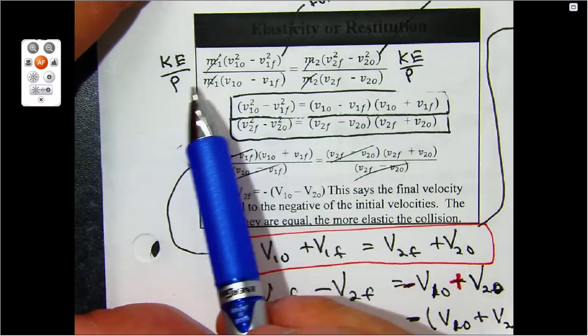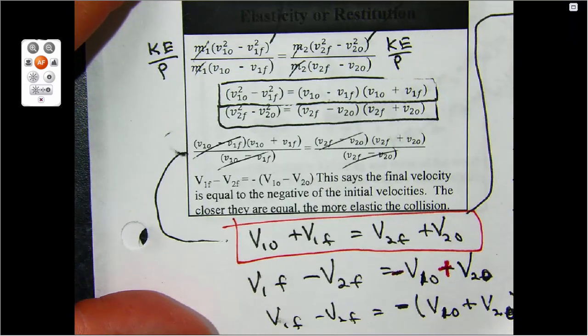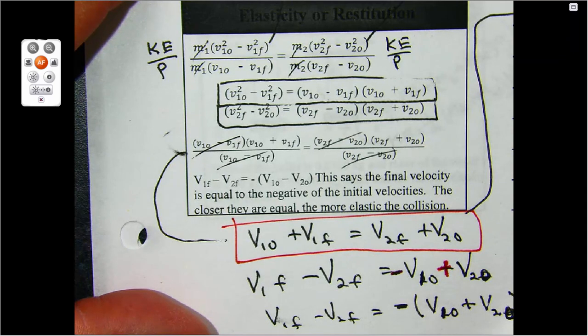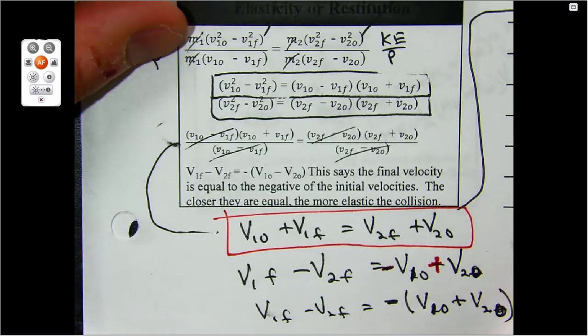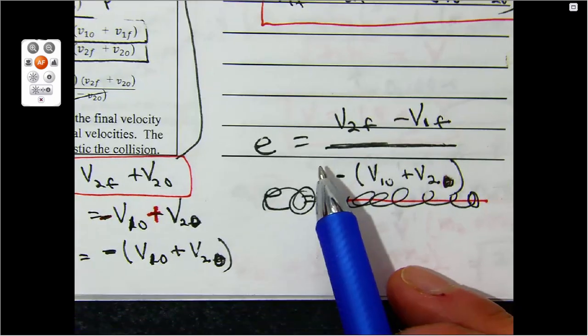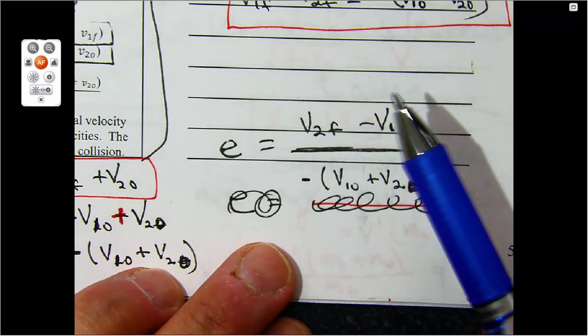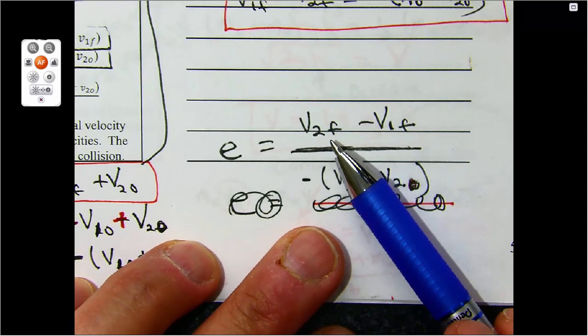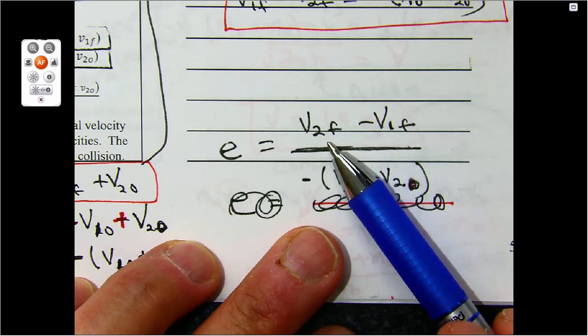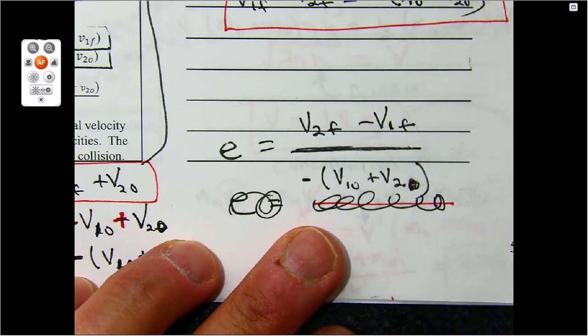I'm taking a ratio of the kinetic energy and the momentum, and I can come up with my coefficient of restitution for elastic collisions as this ratio, V2 final minus V1 final and all that.